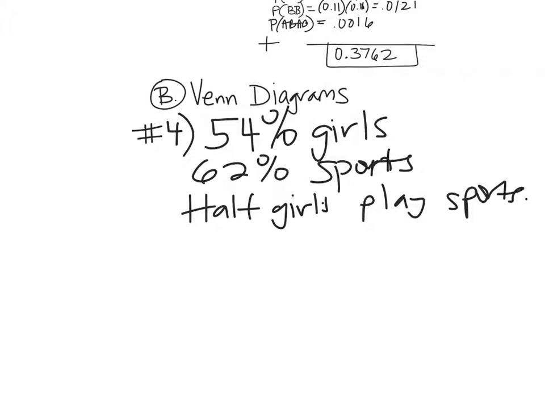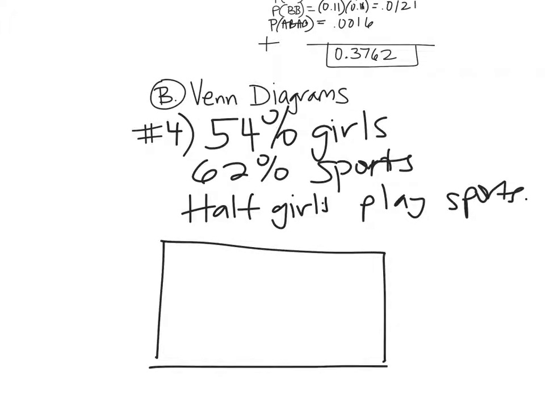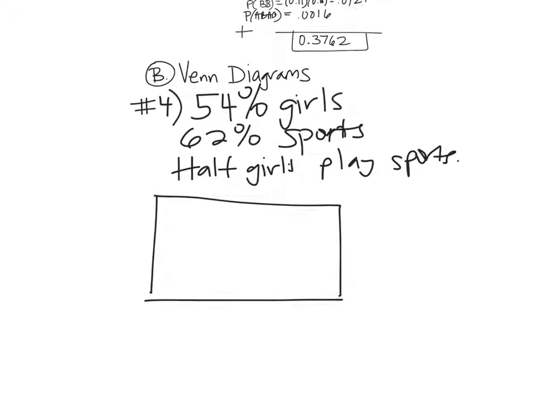Okay, here we go. So it says here we are going to set up a Venn diagram to represent the situation that's going on. A Venn diagram usually starts with a rectangle. And it usually involves 2 things. Sometimes it can involve more than that. It gets really complicated. But it's going to involve 2 things.